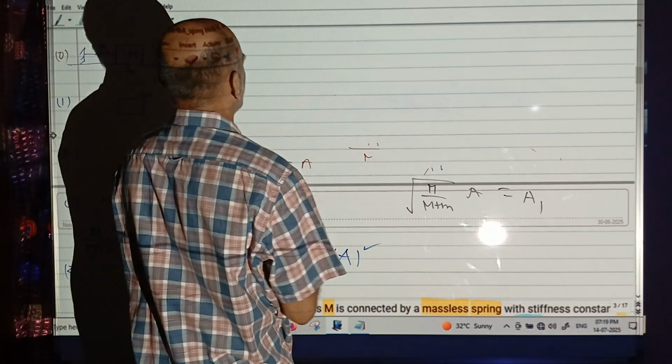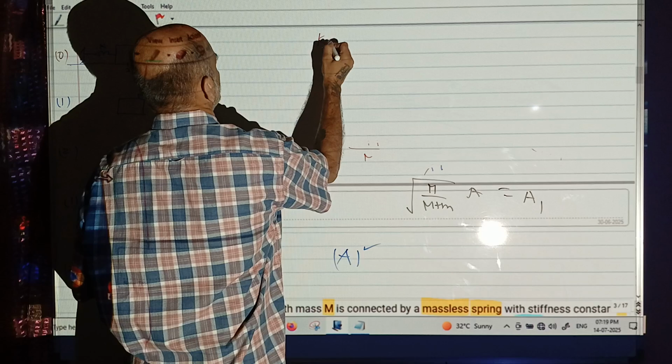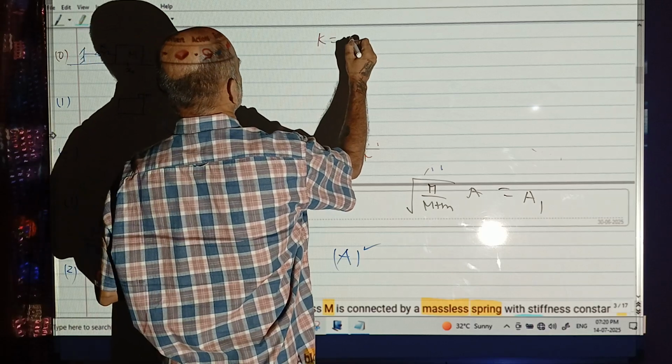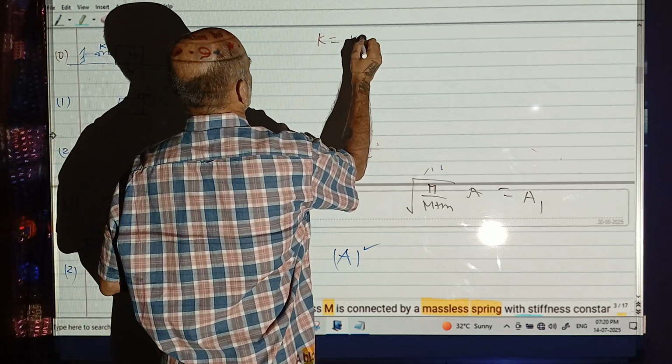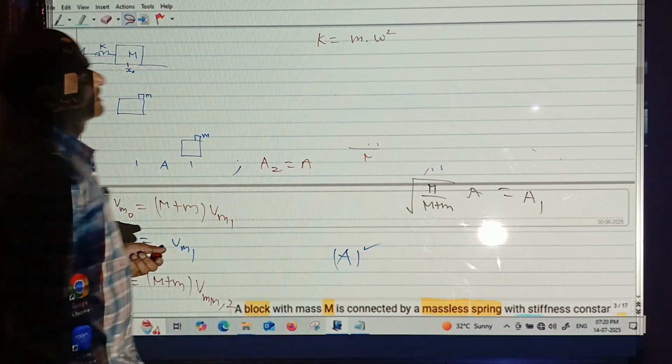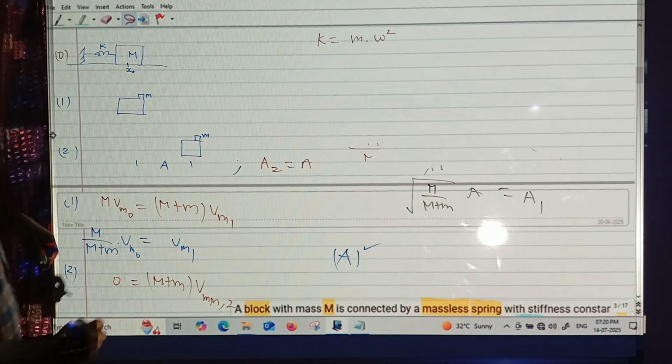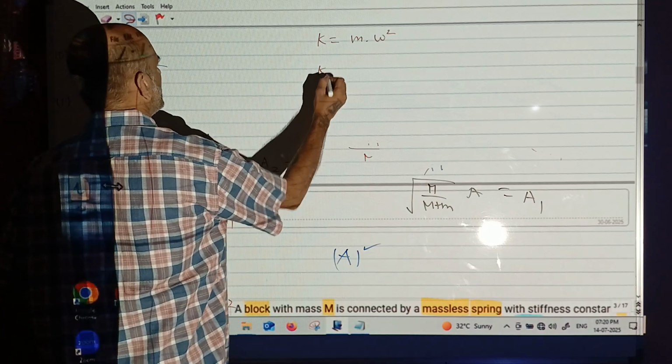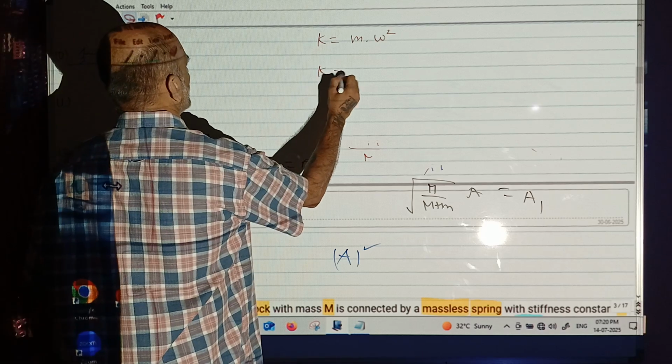For SHM, the spring constant k equals the mass of the system into omega square.